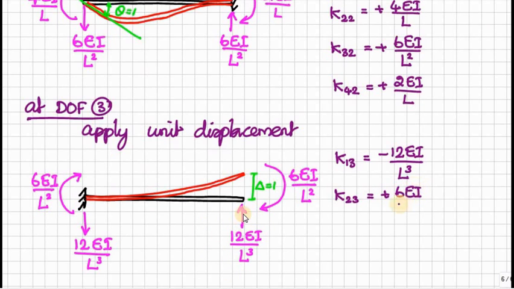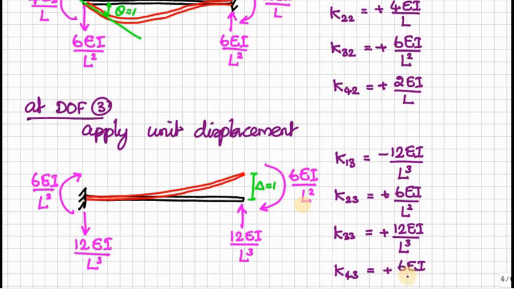K33 is also in positive sense, therefore K33 is nothing but 12EI/L³, and this is K43. This is also in positive sense, plus 6EI/L².